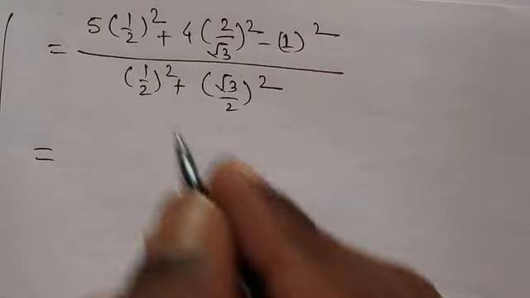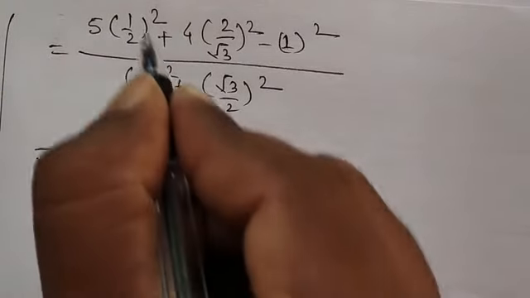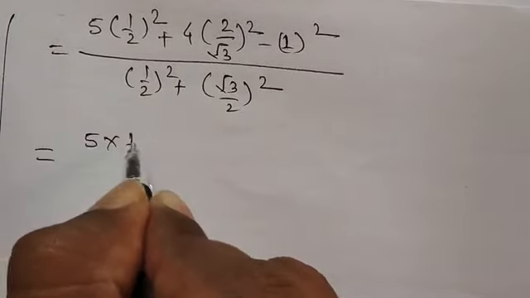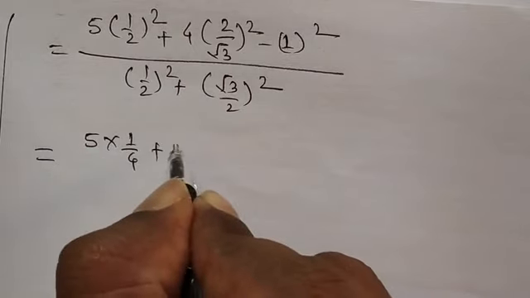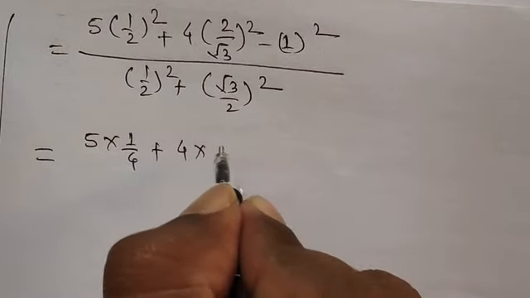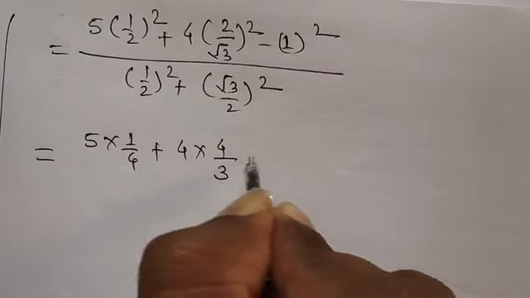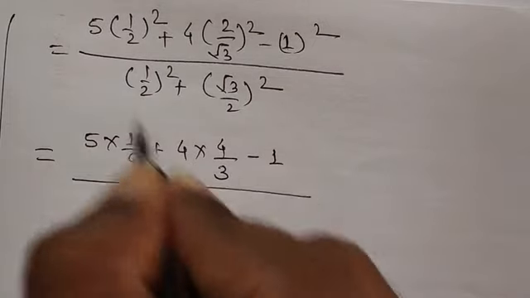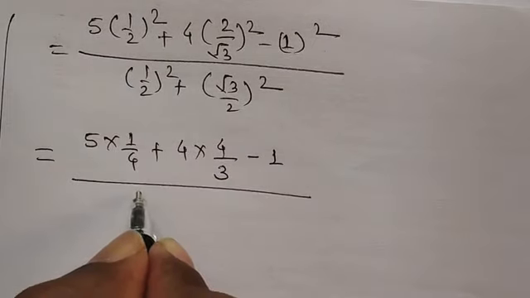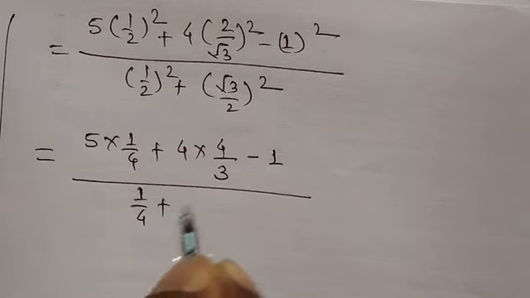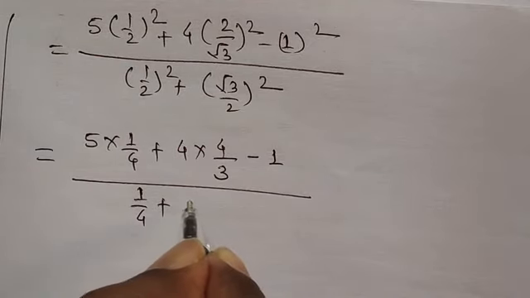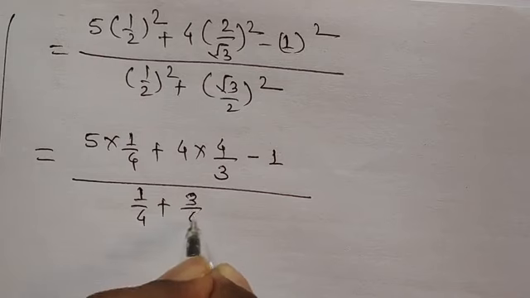So we can just put in the values, then solve. 1 by 2 square is what? 1 by 4. Plus 4 into 2 by root 3 square, that is 4 by 3, minus 1 upon 1 by 2 square, that is 1 by 4, plus root 3 by 2 square, that is again 3 by 4.